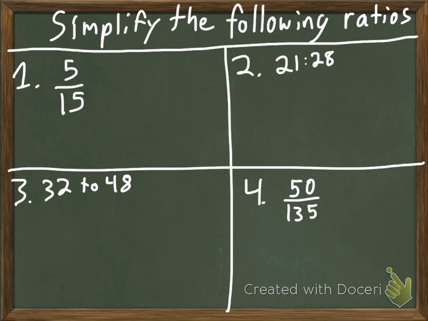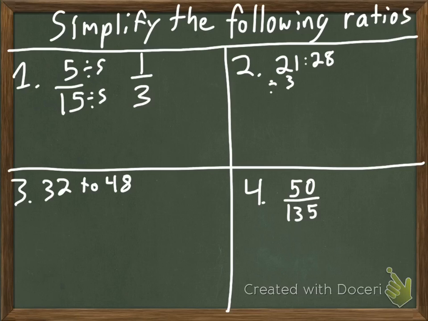So here are some ratios for you to simplify, and all this is simplifying fractions. So go ahead and pause the video and in your group simplify these ratios. Okay, the first one, 5 over 15, both divisible by 5, so we get 1 over 3.